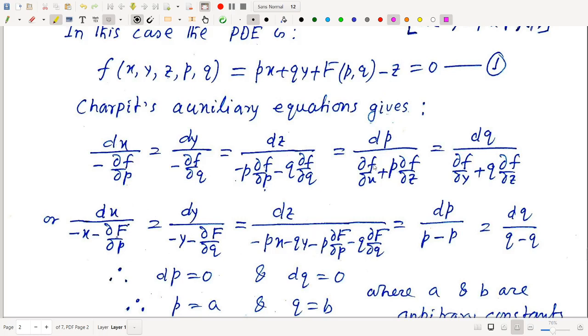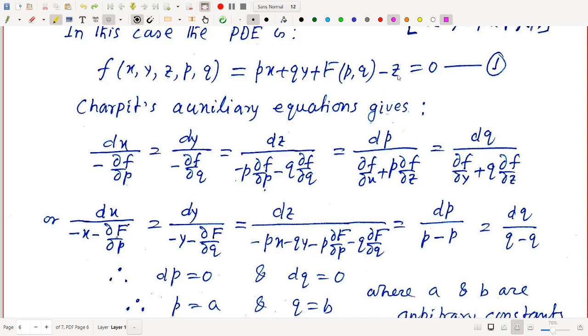Then dp by del F by del x means it is p. Here p only, del F by del x will be p only, plus 0, and here it is del f by del x, no x, so 0, and here minus del z by del x, because z contains x.